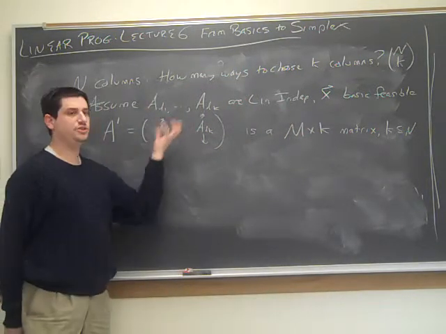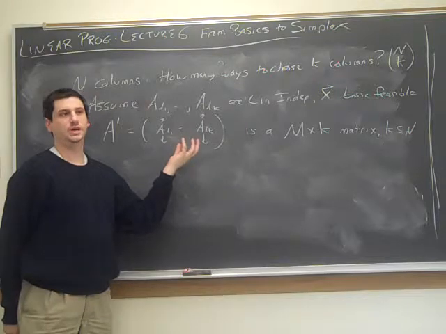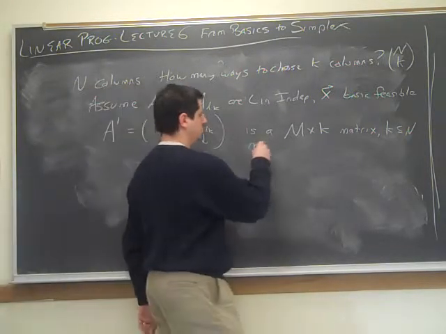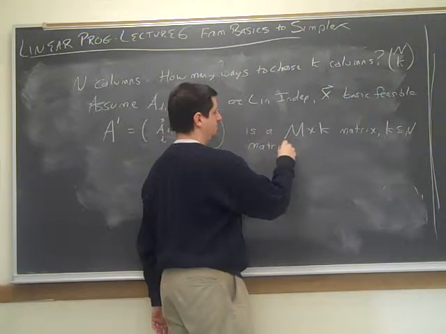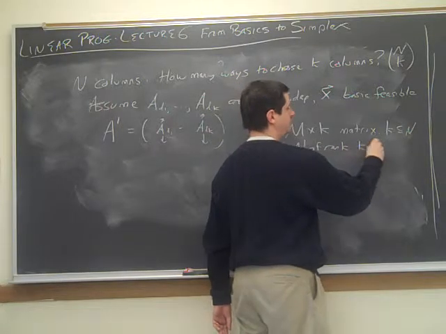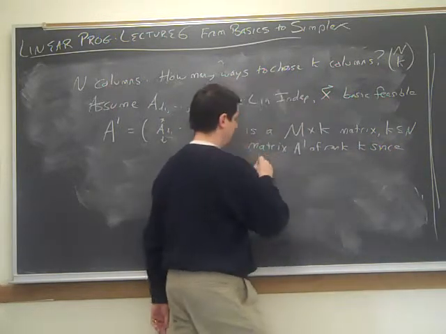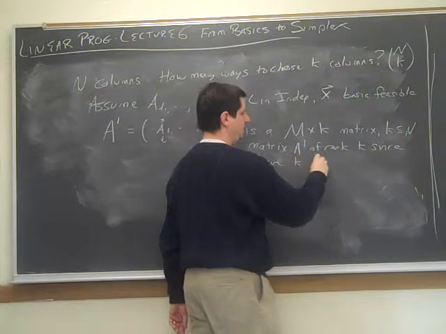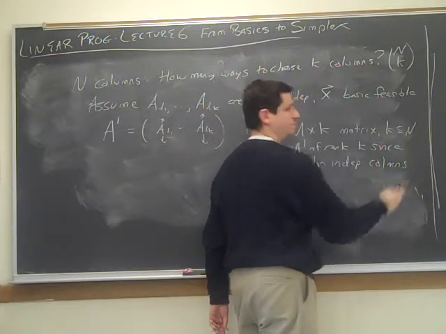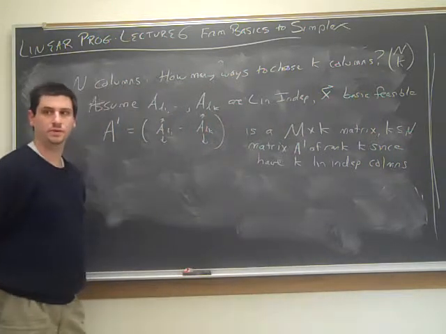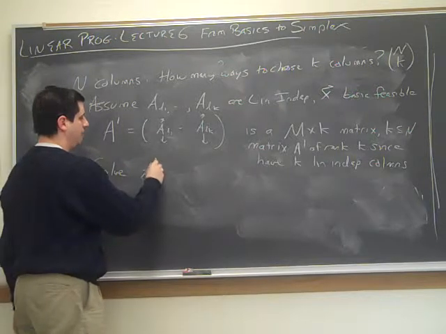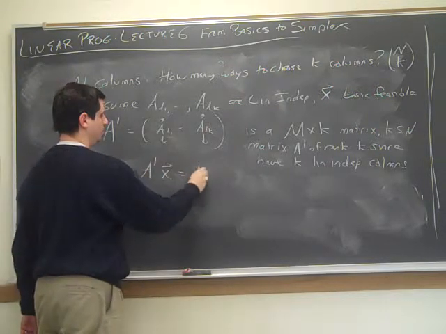And this is where we need to use a few facts from linear algebra. The matrix A prime has rank k, since we have k linearly independent columns. Okay? So we need to solve A prime x equals b.